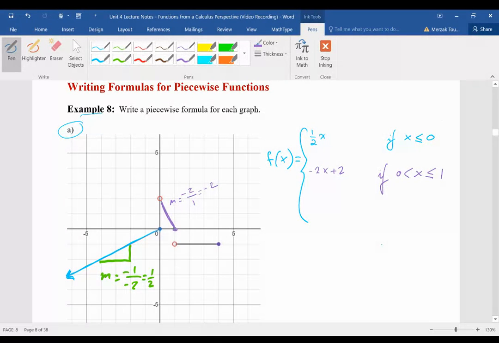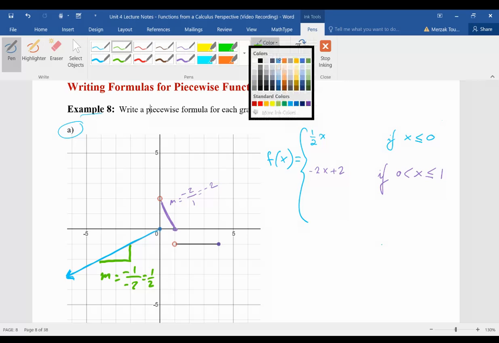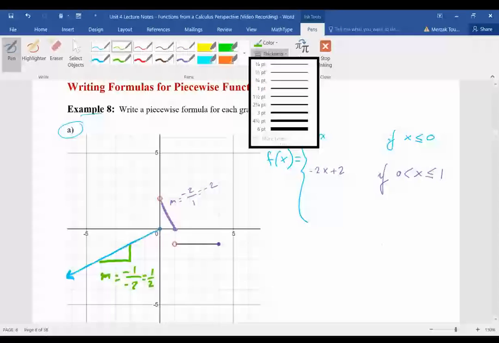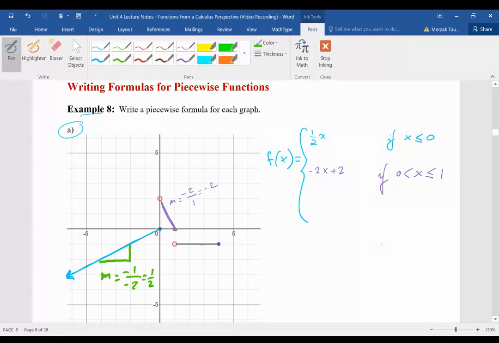Let's do the third one. For the third one, it's a line segment again, but it's horizontal, constant. It starts at x equals 1, and it stops at x equals 4. So from x equals 1 to x equals 4.